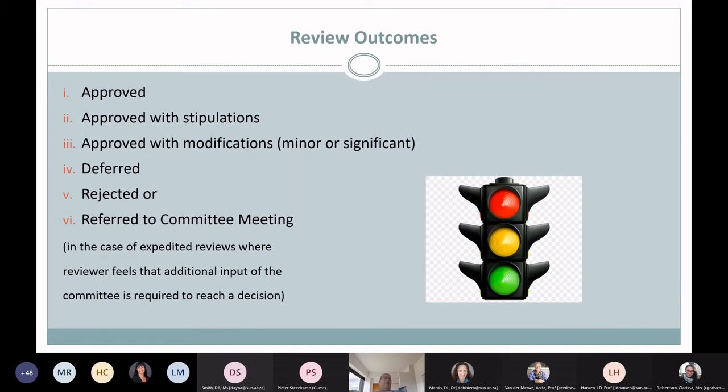As Debbie said, once your submission has been received, it's gone through an admin check, it goes either to expedited review or to full committee review, you will get an outcome either of approved with stipulations, etc. The rejected category is one that we don't like to append to an outcome, for the simple reason that we know that it upsets the researchers as much as it upsets the reviewers as well.